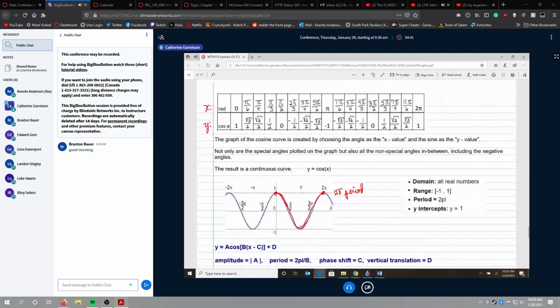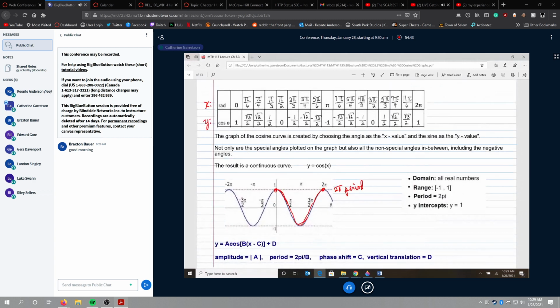Now, the cosine curve. The nice thing about the cosine is it's just like the sine. The same rules, the same words. So for cosine, you still have the words phase shift, vertical translation and amplitude.